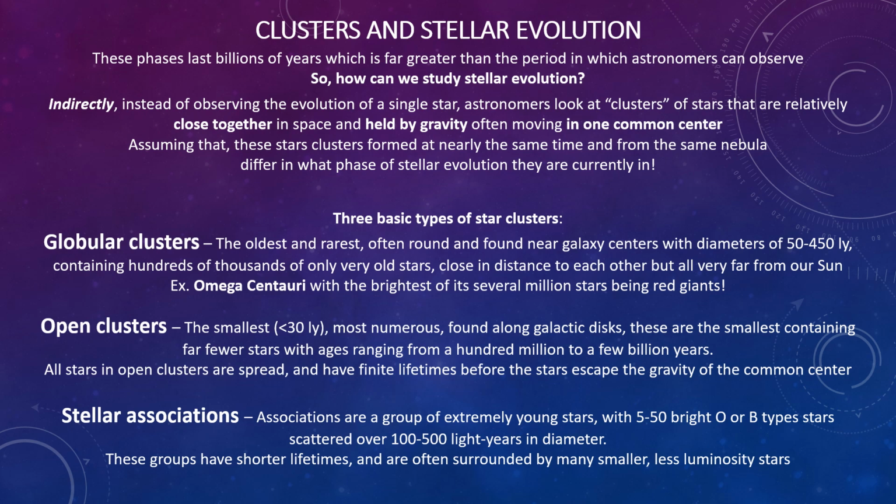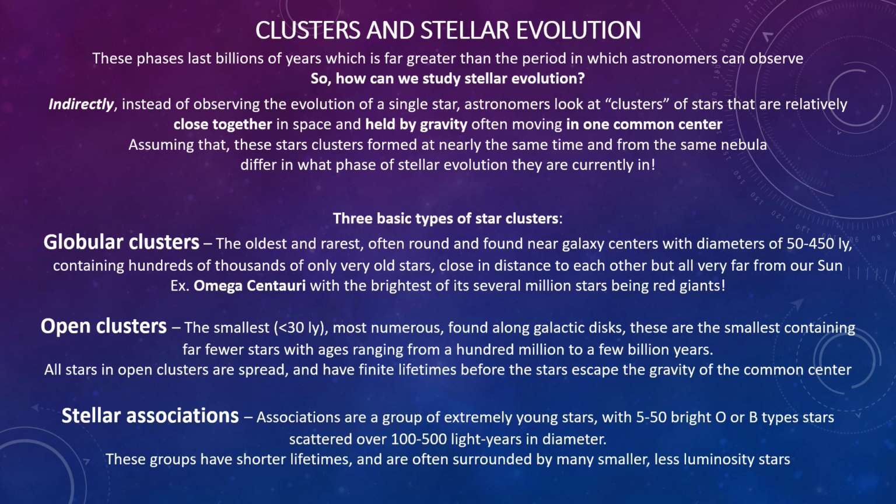So these open clusters have ages that range from 100 million to a few billion years old. And all the stars in open clusters are spread and have finite lifetimes before the stars escape the gravity of that common center.